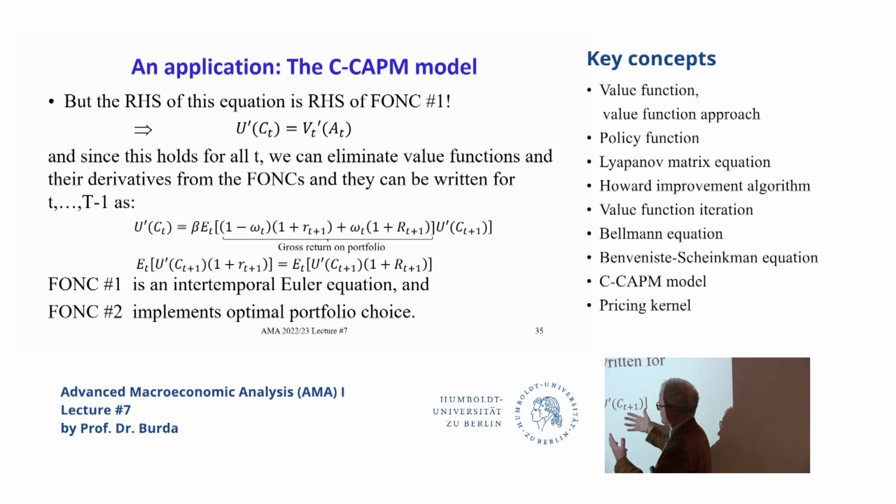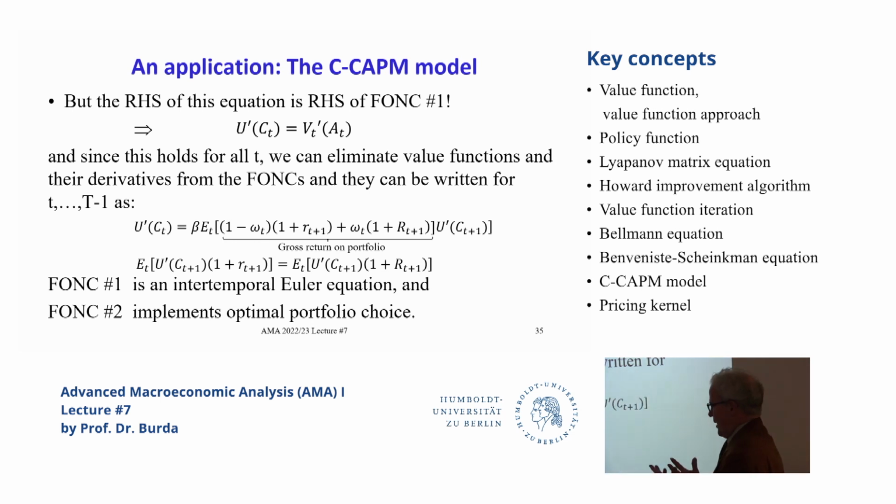This is what we call an Euler equation for an economy with two assets. And think of this as the gross return on the portfolio, and it's a random variable in t+1. So we don't know what it's going to be. All we can do is control our exposure to it, which is omega.